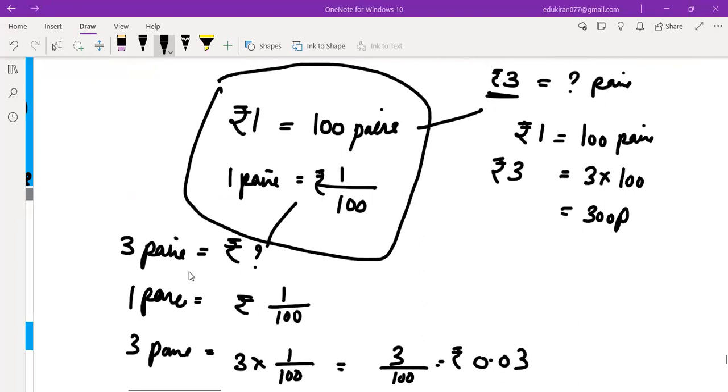If you want to write the examples, you can even write the examples, the one which I did. Write it down so that at least you will get an idea. Because students get confused when we are asking whether to find paise or rupees.